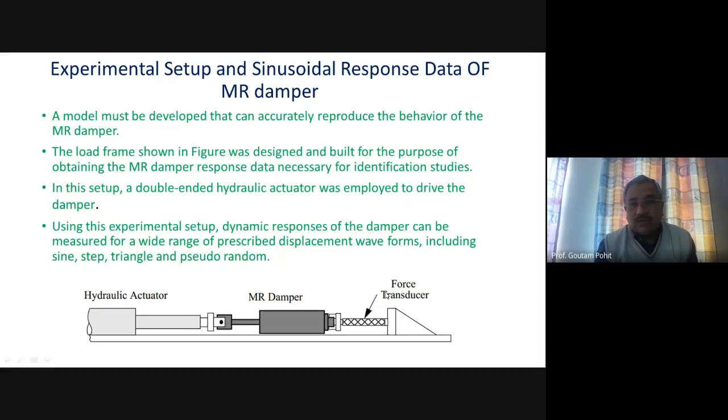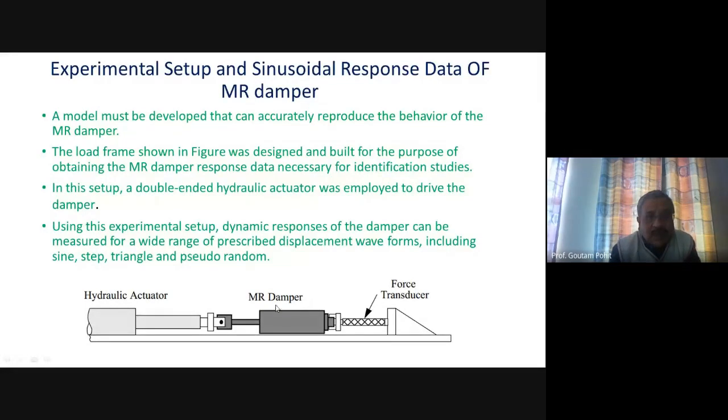This is a force transducer, so we can measure how much force is being transmitted here. Since it is an MR damper, we have an MR fluid here. Using this experimental setup, the dynamic response of the damper can be measured for a wide range of prescribed displacement waveforms, including sine, step function, triangle, and pseudo-random.